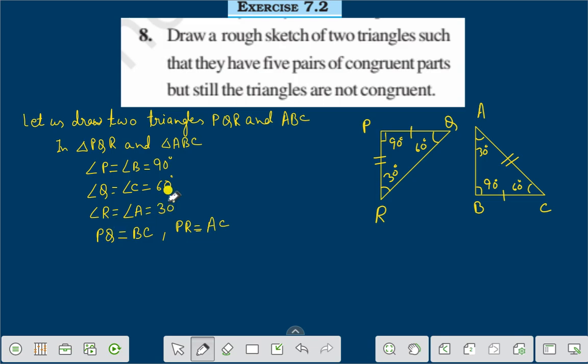4 criteria for congruence of triangles. Number one is the side side side congruence rule. Number 2 is the angle side angle congruence rule.